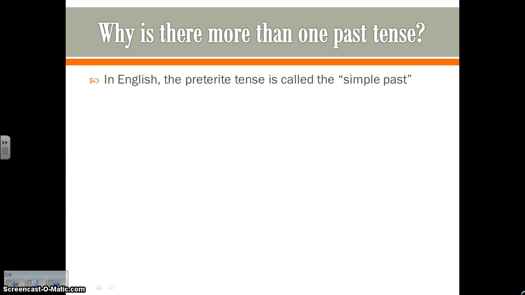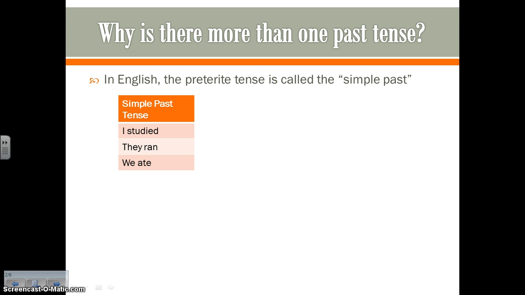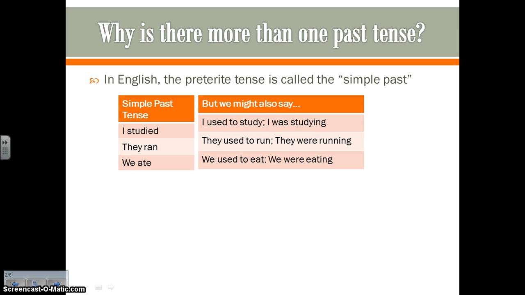Okay, so in English, the preterite is called the simple past. I studied, they ran, we ate. So make sure you're filling out your notes. Simple, done, over with. But we could also say, I used to study, or I was studying. They used to run, or they were running.